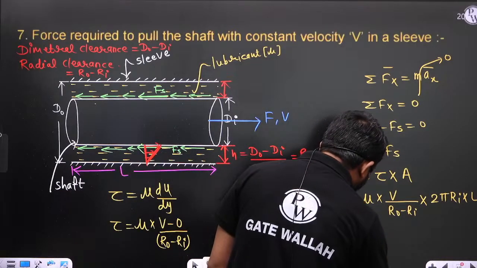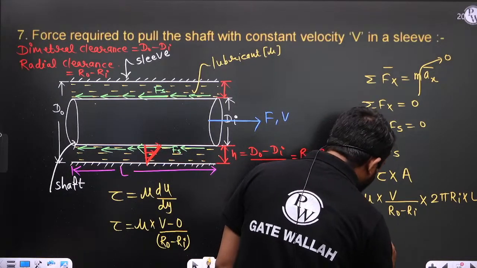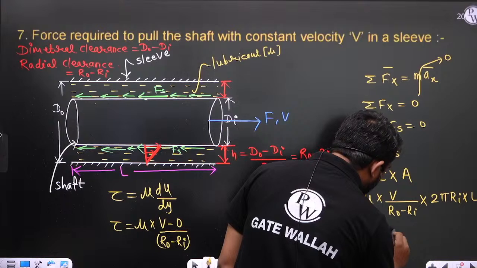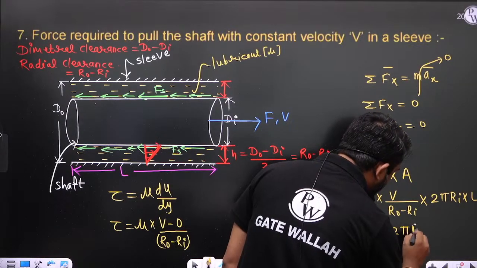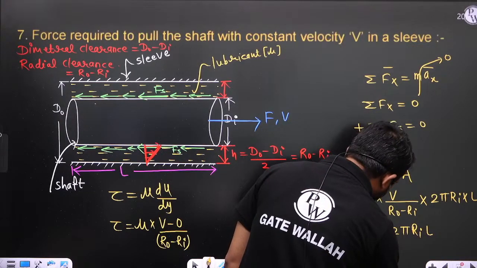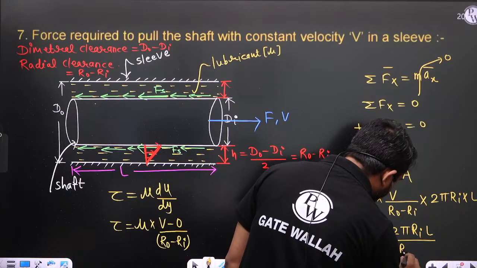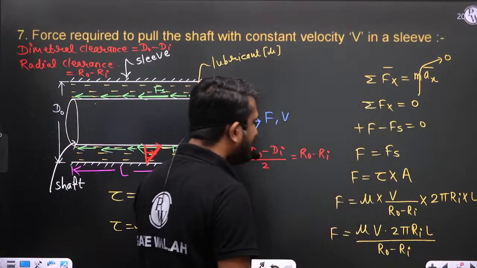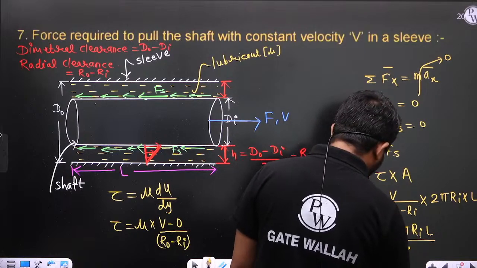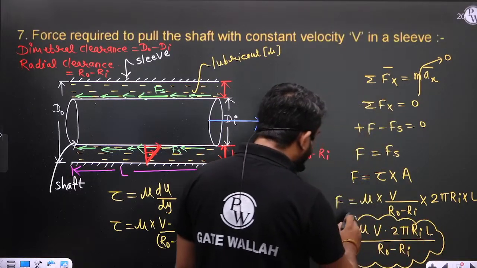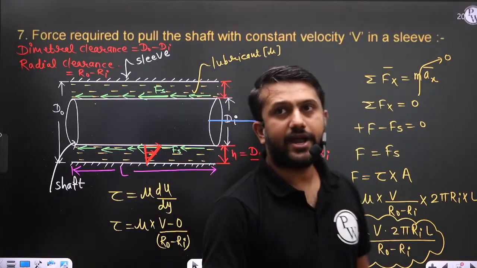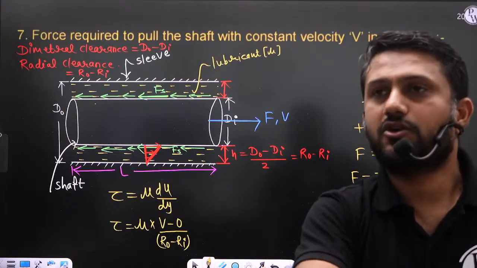F is equal to mu into v into 2 pi Ri L divided by r naught minus ri. This is the force F which is required to pull the shaft with constant velocity v.